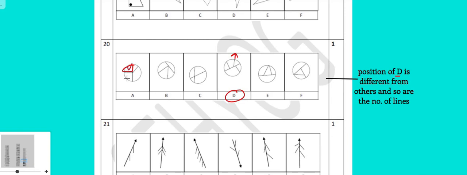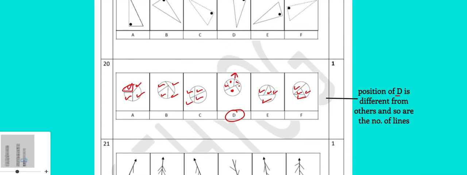It is 1, 2, 3, 4 here, 1, 2, 3, 4 right here, 1, 2, 3, 4 here as well, 1, 2, 3, 4, 1, 2, 3 and 4. But for D it is 1, 2, 3, 4, 5.